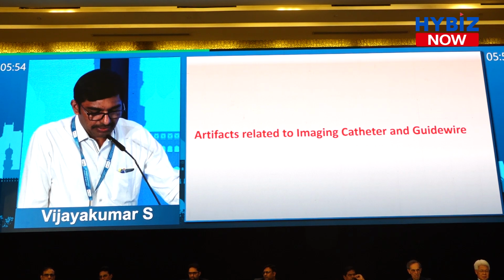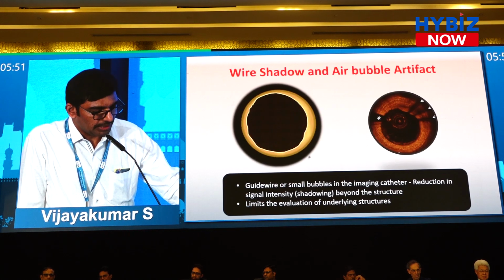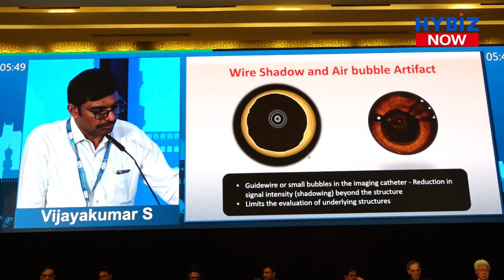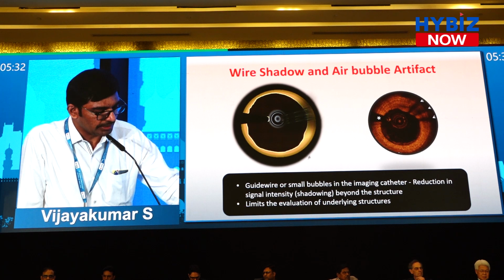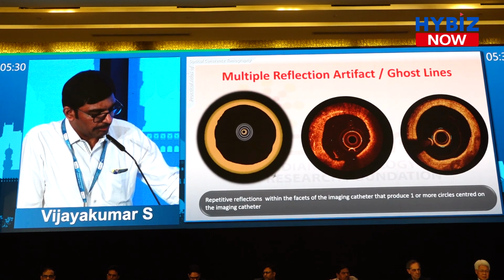There are two artifacts that are related to imaging catheter and guide wire. The first one is the wire shadow or bubble artifact. The guide wire and small bubbles in the imaging catheter result in reduction in the signal intensity by shadowing beyond the structure. This is the guide wire related. The second one is air bubbles that result in a reduction in image quality.